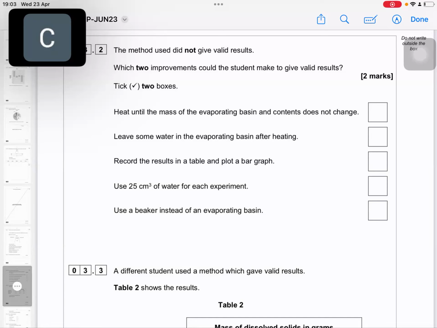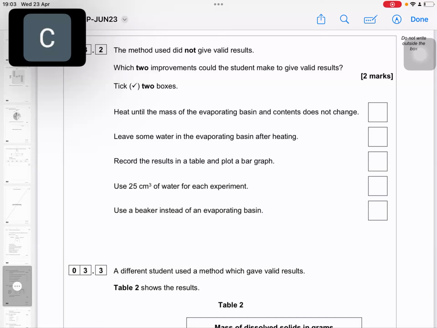Let me see. Okay, I think it makes sense. The idea is that if you heat seawater and there's salt in it, all the water would leave and leave the salt in it. So there's some sense in heating it until the mass of the evaporating basin and the contents does not change.